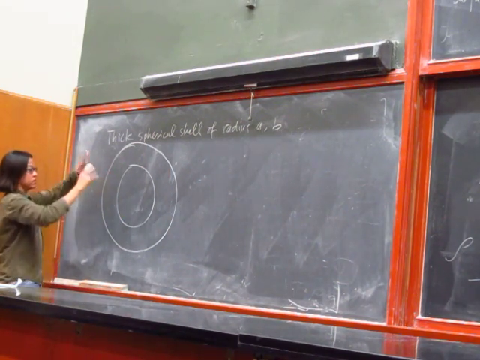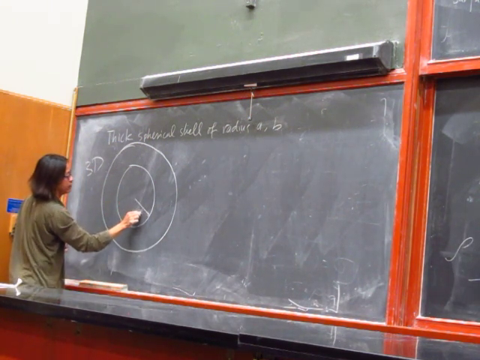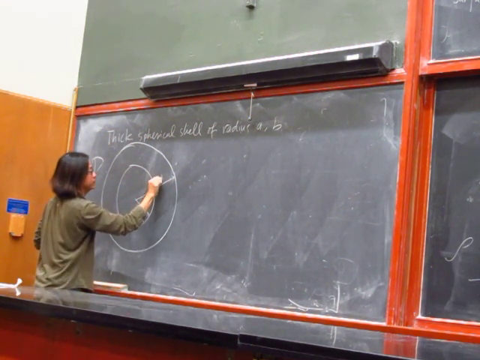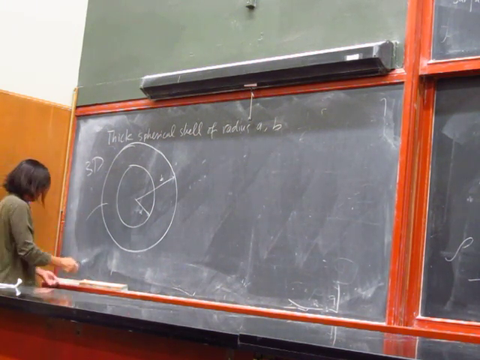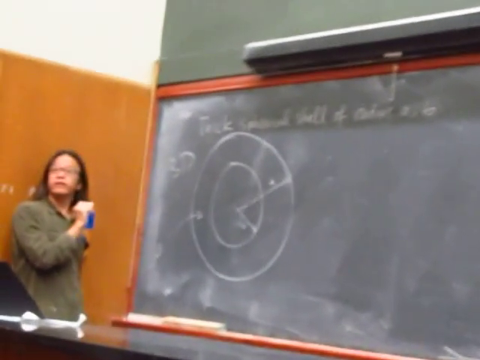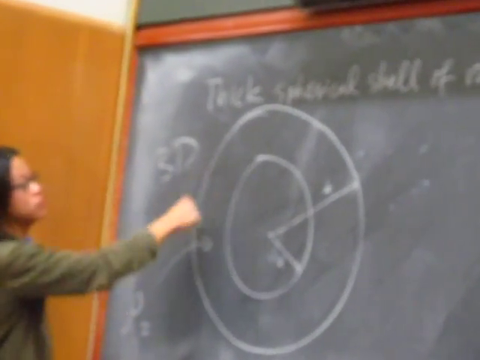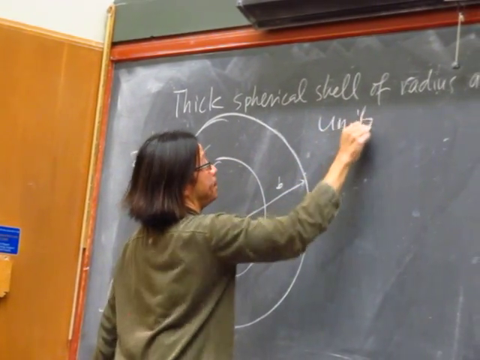So this is a spherical shell, this is radius a, and this is radius b, and there is a density rho in there. And rho is just uniform, by the way. Uniform density.